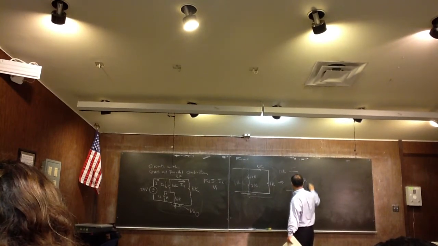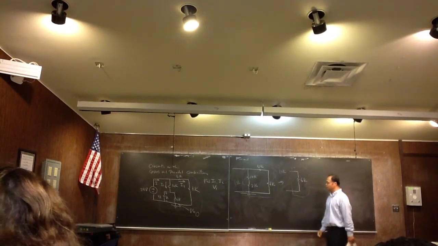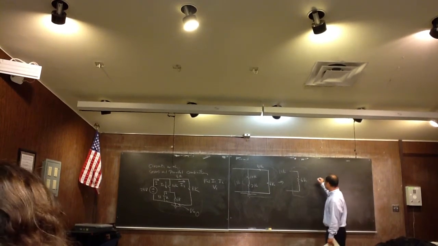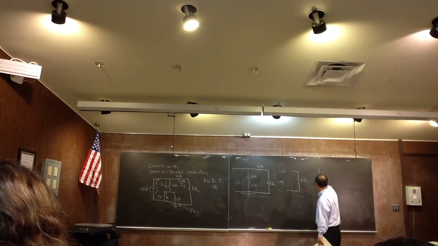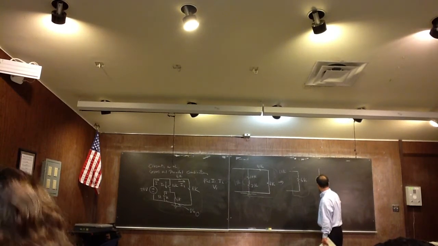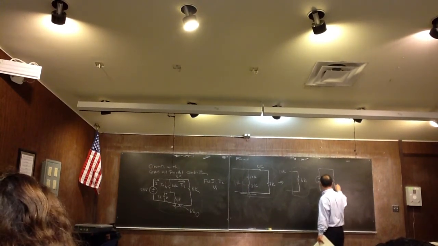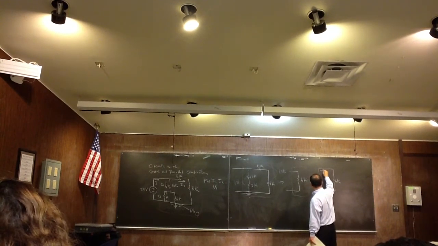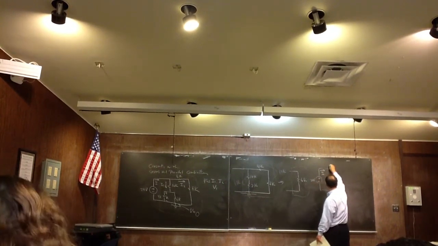Therefore, that is the equivalent resistance of the box. So the circuit becomes 6K, 24 volt, and this is the current I, yes? And that's the box.